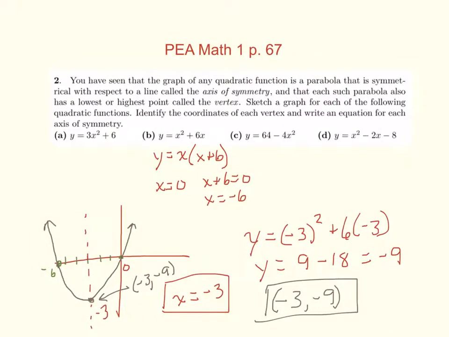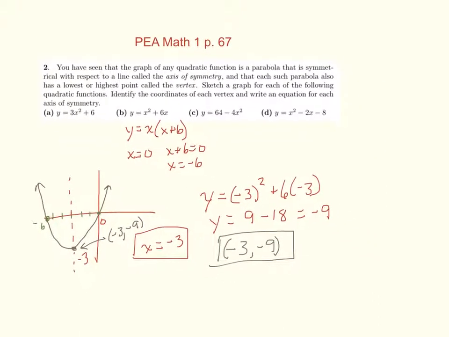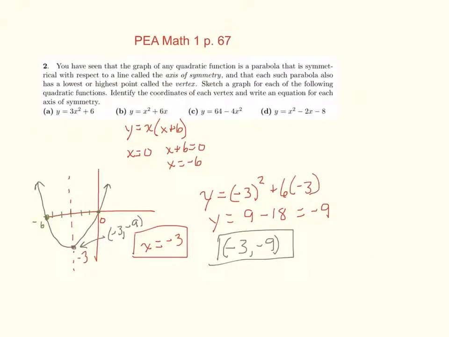So that's the first way. Another way you could do it is to use the -b, or opposite b, over 2a. B now is 6. So -6 over 2 times, and a is the coefficient on the x squared, which is just 1. So that gives our -3.